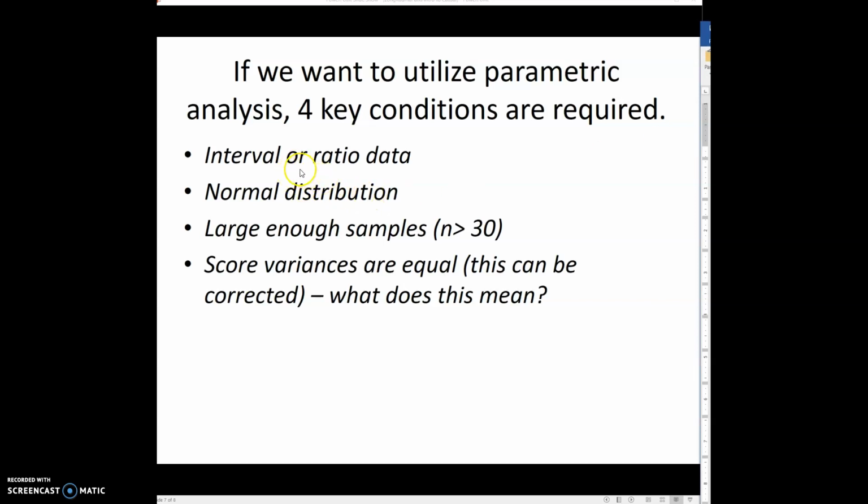Do we have interval or ratio data? Meaning, do we have real numbers? Do we have a normal distribution? Do we have a large enough sample? And are the score variances equal? And that can be corrected. But basically what we mean is, you remember back to our discussion about leptokurtic and platykurtic curves, positive and normal skewness.